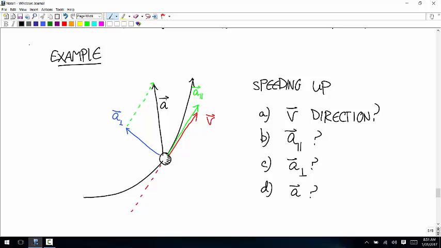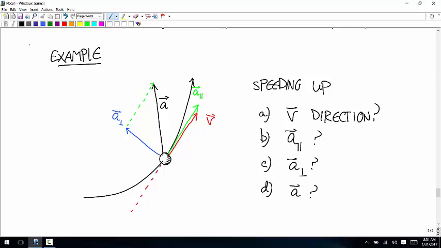Now I drew the total acceleration as a vector as if we knew exactly what the direction was. But we don't know how big a parallel and a perpendicular are. So what do we really know about the direction of A? It's that thing that early on in the class I said was one of the problems that you asked me about.